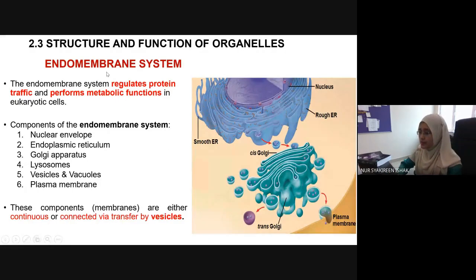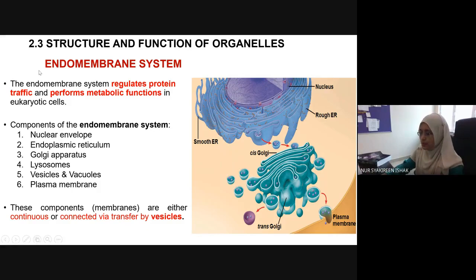Next is the endomembrane system. The endomembrane system is composed of several components. It has 6 components: the nuclear envelope, the endoplasmic reticulum, of which you have two types, the smooth ER and the rough ER, the Golgi apparatus, the lysosome, the vesicle and the vacuole, and also the plasma membrane. The vacuole also includes the central vacuole in the plant cell.